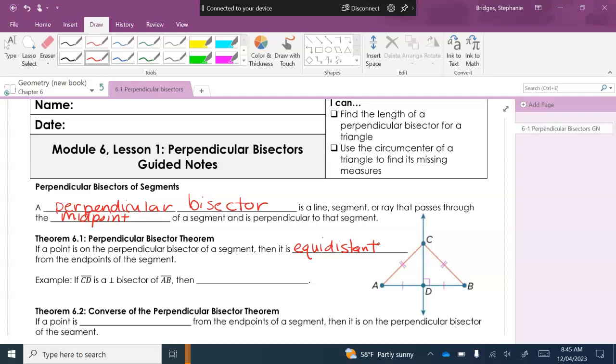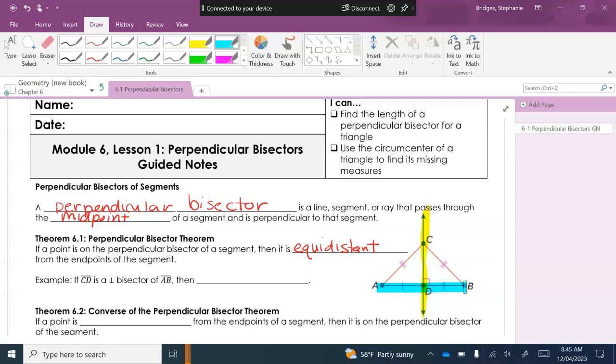the segment. Okay, so we're looking at our picture over here, and it says if CD is a perpendicular bisector of AB. Look, here's CD, that I'm highlighting in yellow, and it is the perpendicular bisector of segment AB. And how do we know that? Do you see the right angle markings in the picture? That means it's perpendicular. And then do you notice how it says that AD is congruent to DB?